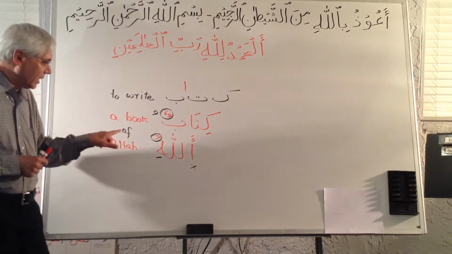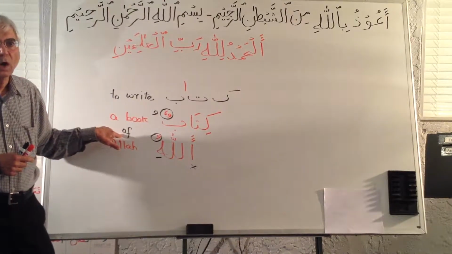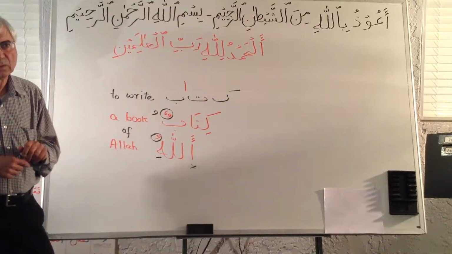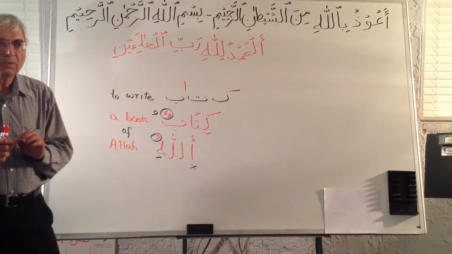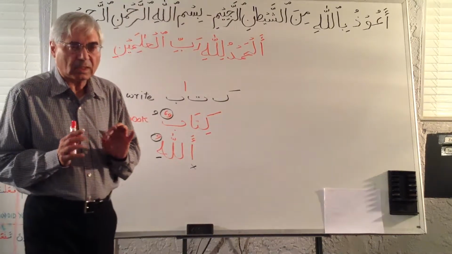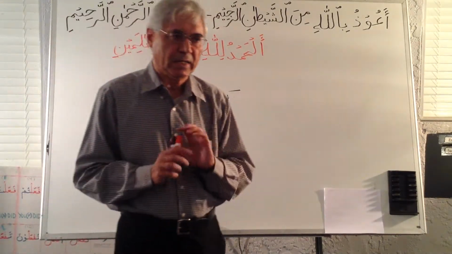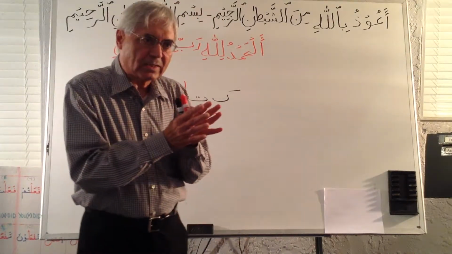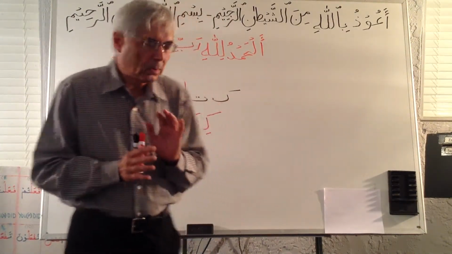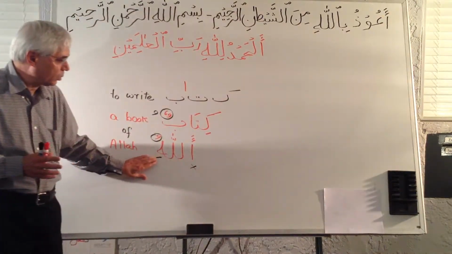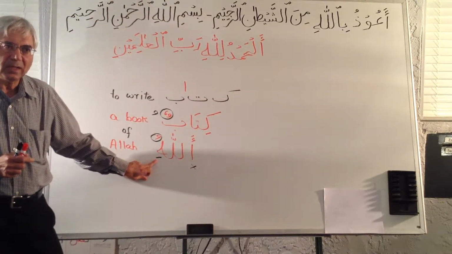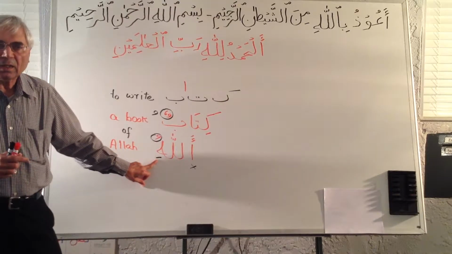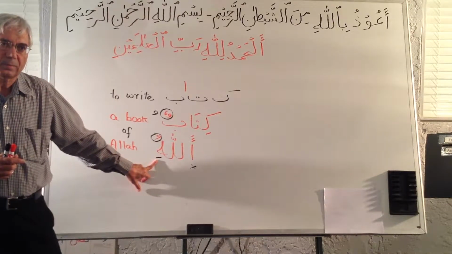That is equivalent to putting the word of. So the full sentence is Kitabullahi. As I said again, if that's the last word and you stop, then you don't have to pronounce the last letter here. You can say Kitabullah.